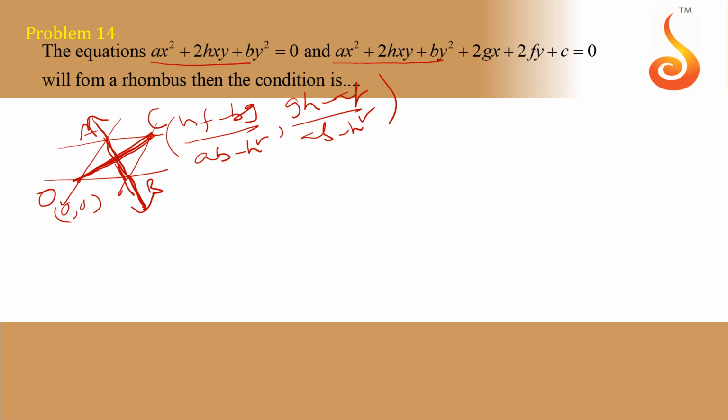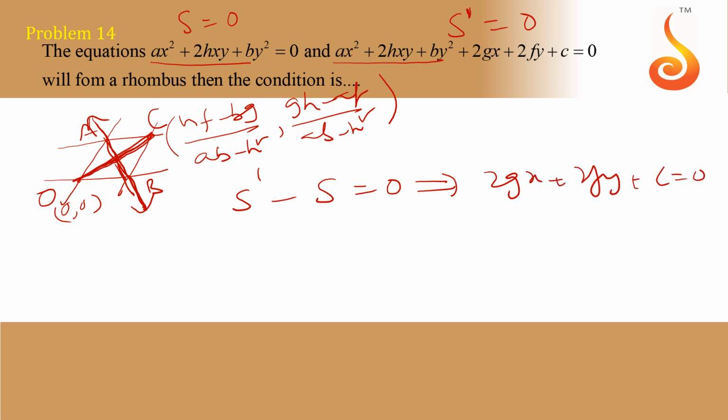So think with your common sense, just like homogenization only. I will take this as S equal to 0, this as S equal to 0, and this as S dash equal to 0. So if I take S dash minus S equal to 0, what am I getting? The simplified equation is 2gx plus 2fy plus c equal to 0.